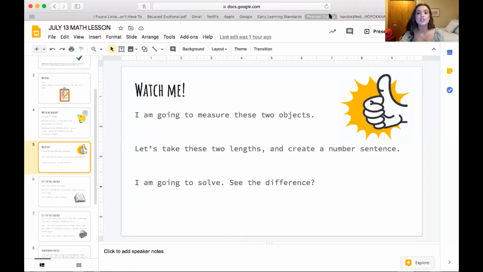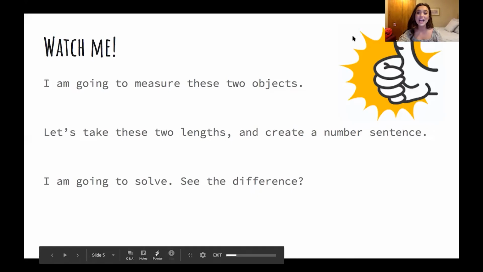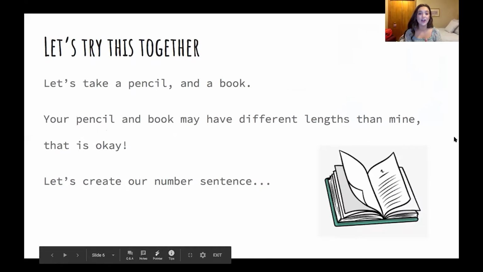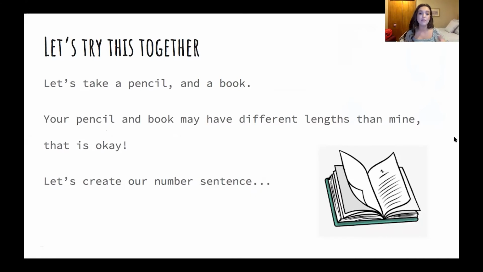All right, so we are back on here, and now we are going to do one together. Hopefully you guys grabbed a pencil and maybe a book, and we are going to compare those lengths now. So I'm going to start with my pencil.